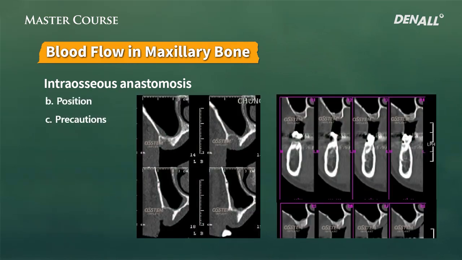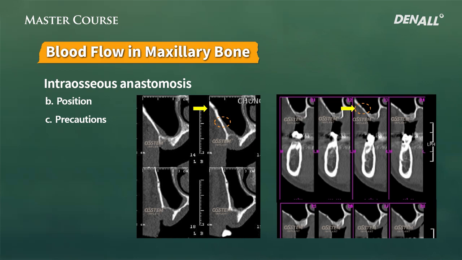Let's look at two CTs of a real patient. On the left, you can see the intraosseous anastomosis above, and we have a space for the lateral window. On the right, the alveolar bone is resorbed.